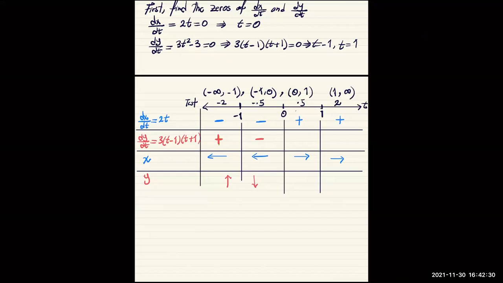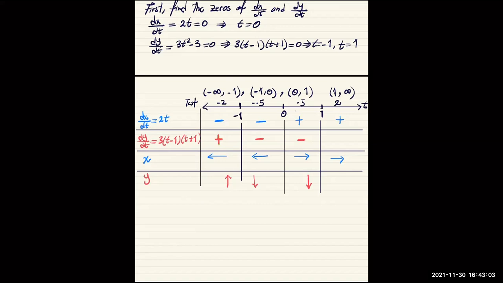You get 0.5 minus 1. Is that right? Let's do that again. 0.5 minus 1, that's negative. 0.5 plus 1 is a positive. So negative still, downward.